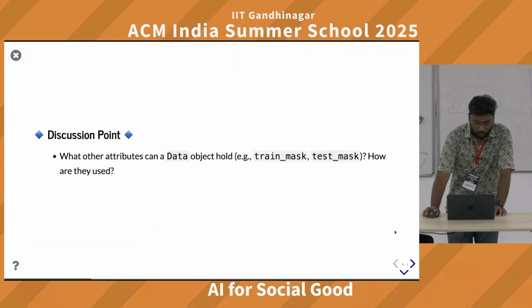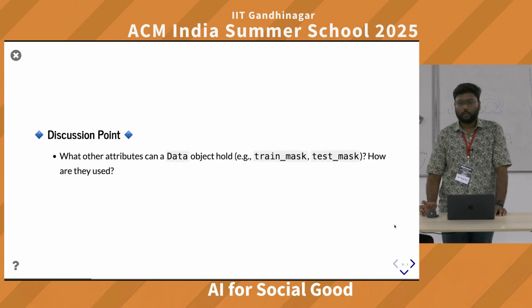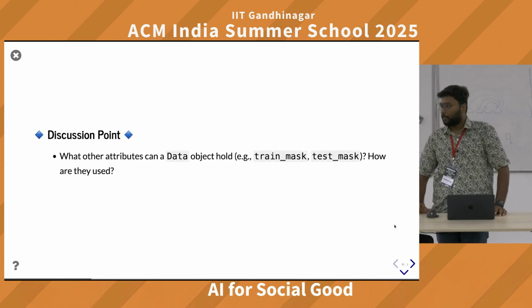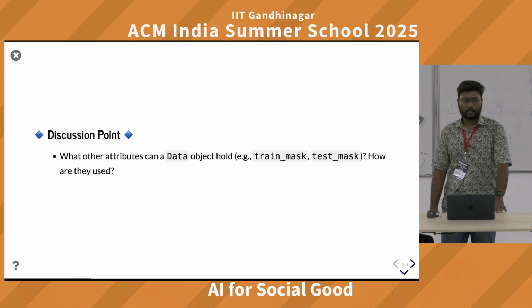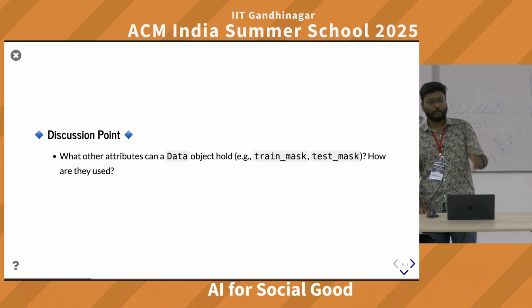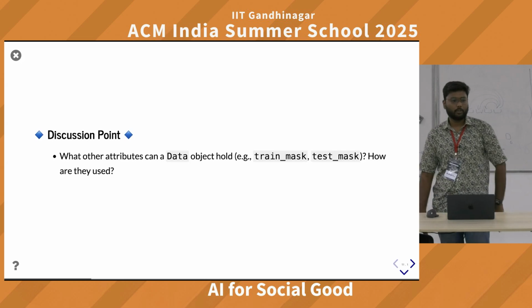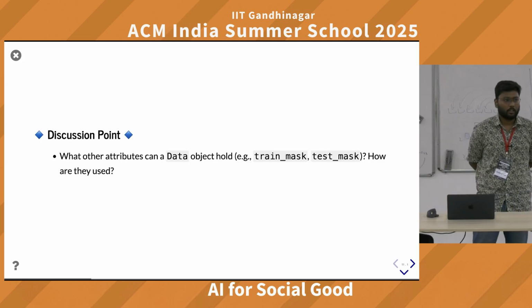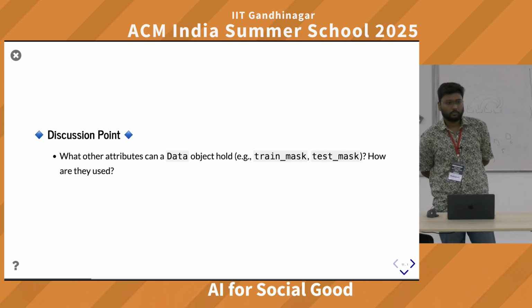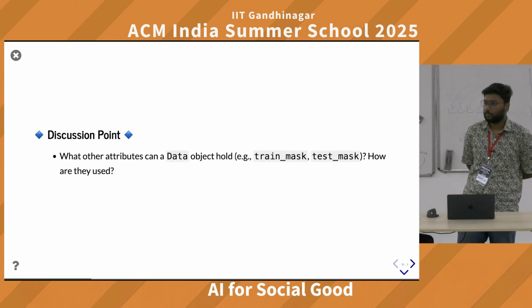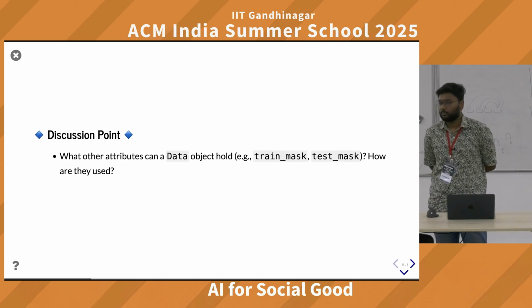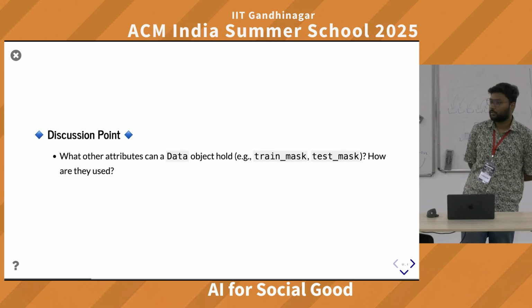Yes. So now some discussion points. What are some other attributes that you can assign to this graph? Some examples being train mask, test mask. What other attributes do you think you can assign to the graph? Just anyone can answer.